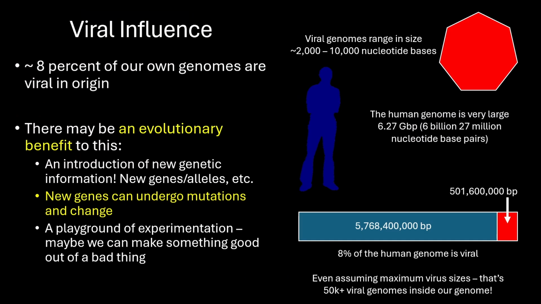This influence from viruses, you may not think this happens all that often, and, on an individual basis, we don't really expect it to happen to any one of us, but across time, across the history of humanity and the species that existed before us, our ancestors, this has actually happened numerous times.